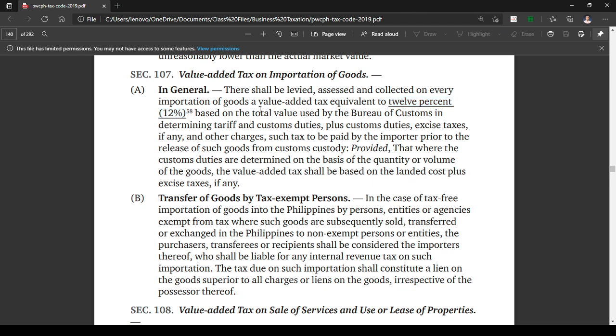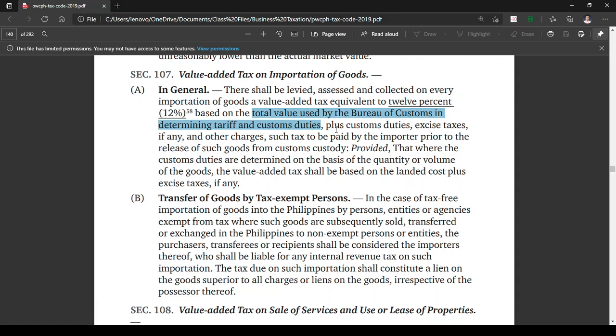So 12% based on the total value used by the Bureau of Customs in determining tariffs and custom duties. Ito yung basis natin sa 12%. So kung ano man yung basis nila sa pagde-determine ng mga tariff and custom duties ng mga importation of goods.